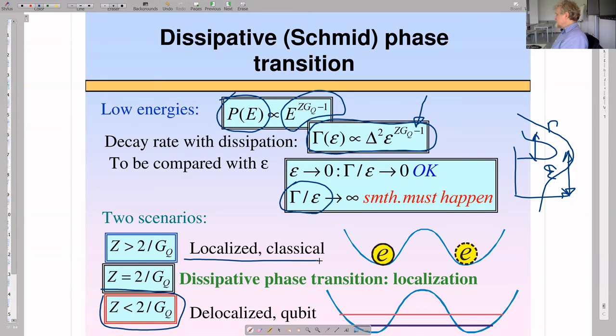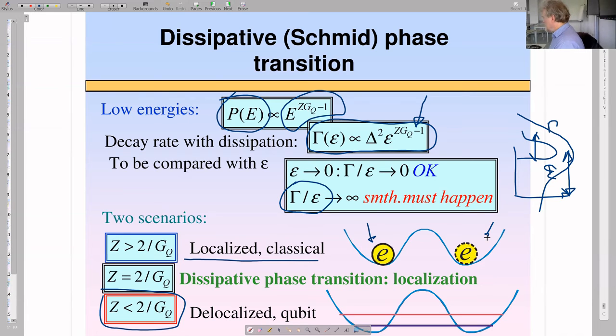It looks like a classical charge which cannot tunnel, which is in two states, either on the left or on the right. And tunneling, mixing and delocalization of these states is suppressed.